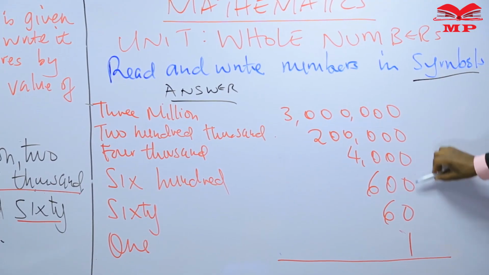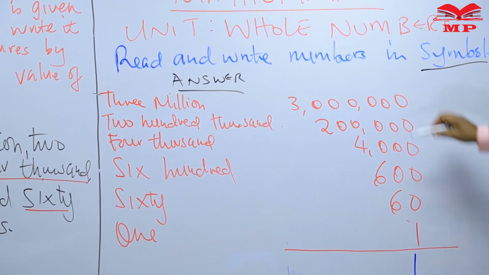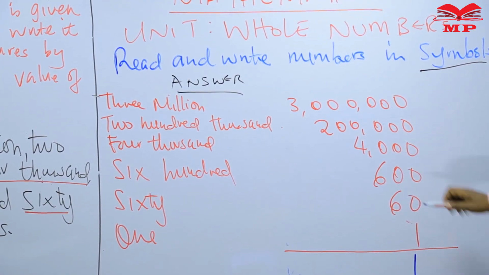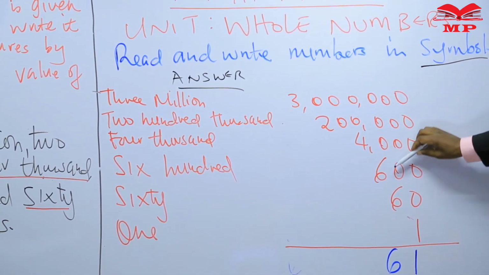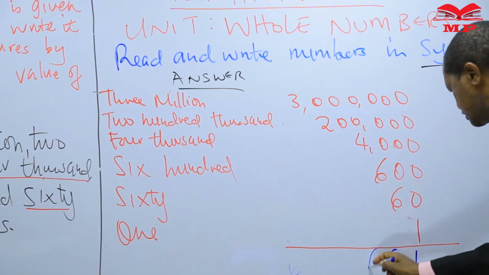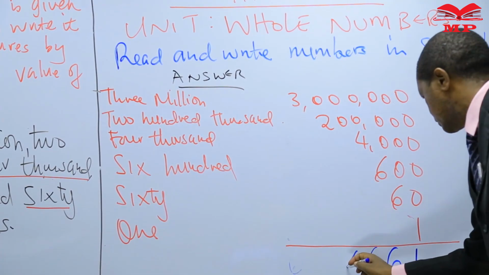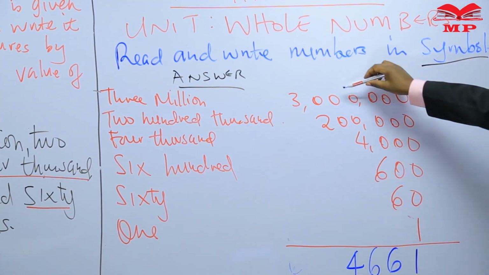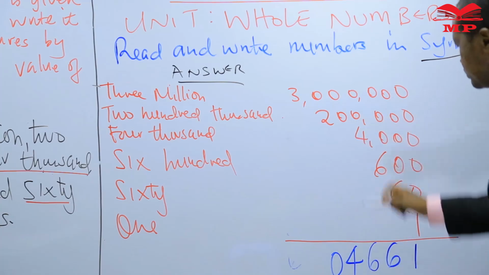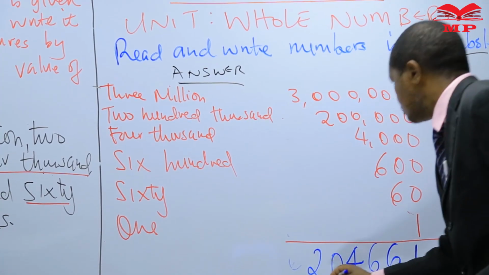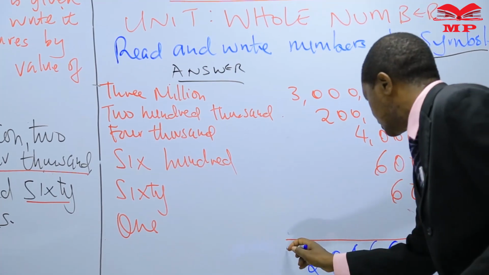So we come here and add. 0 plus 0 plus 0 plus 0 plus 0 plus 1 is equal to 1. 0 plus 0 plus 0 plus 0 plus 6 is equal to 6. 0 plus 0 plus 0 plus 6 is equal to 6. 0 plus 0 plus 4 is equal to 4. 0 plus 0 is equal to 0. 0 plus 2 is equal to 2. 3 plus nothing here is equal to 3.